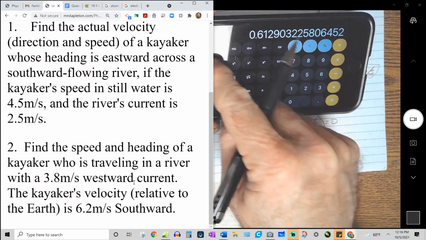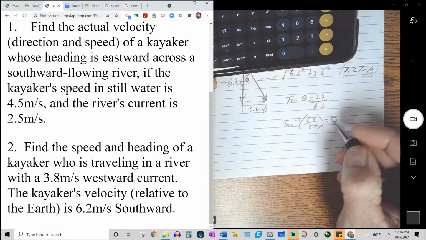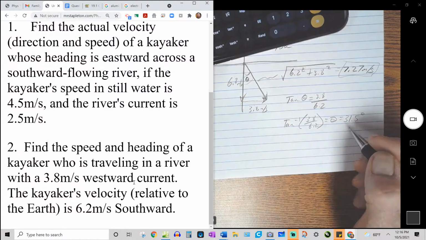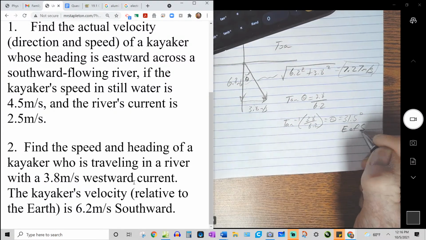Second tangent, 31.5. So this would be 31.5 degrees east of south.